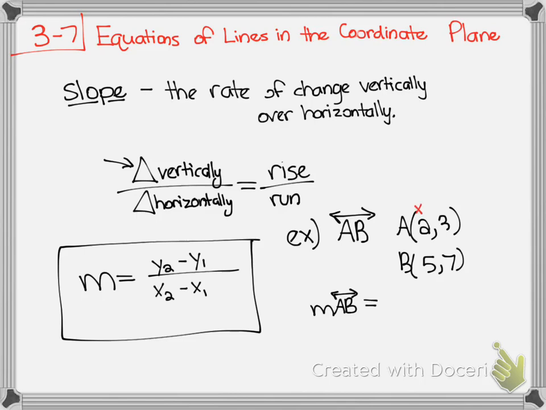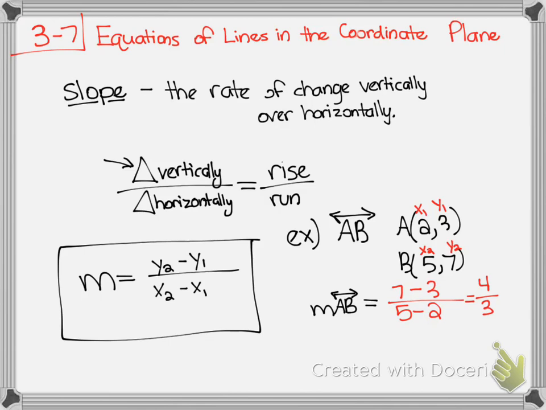Call one of my points x1, y1, one x2, y2, and just go. That would look like y2 minus y1 over x2 minus x1. So I would get 7 minus 3, which is 4, over 5 minus 2, which is 3. So my slope for line AB would be 4 over 3.